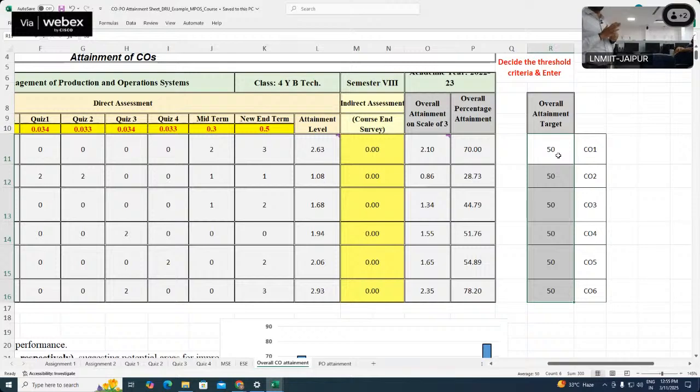Let us say he says that CO3 is a bit of a difficult unit, it is related to a unit which is very difficult, so he can then lighten that criteria or also increase that criteria. And if my attainment is greater than whatever criteria we have set, we will say that we have achieved this particular CO. So this is the attainment level right now.